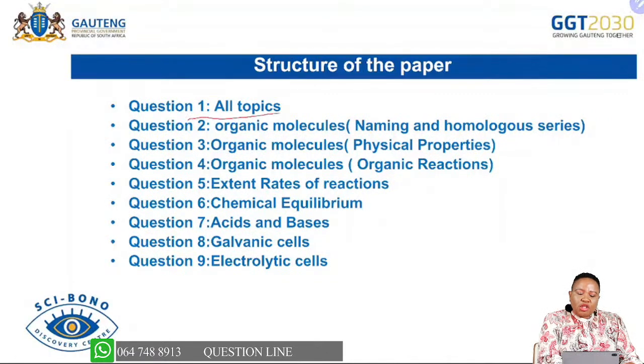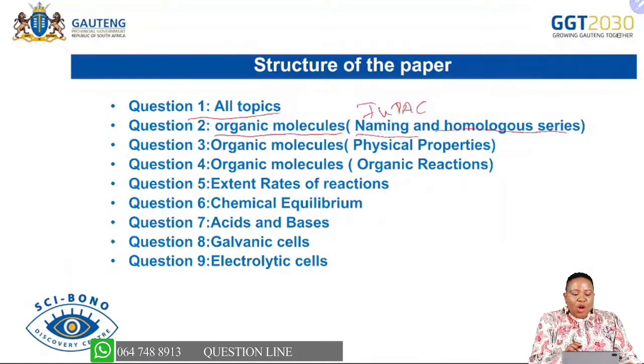Now this is the structure of paper 2. Question 1 is multiple choice questions, and all topics are examinable. Question number 2 will be our organic molecules, but the main focus will be naming, which is IUPAC naming, and also the homologous series. Question number 3 will be based on physical properties of organic molecules. Question number 4 will still be organic molecules, which is organic reactions.